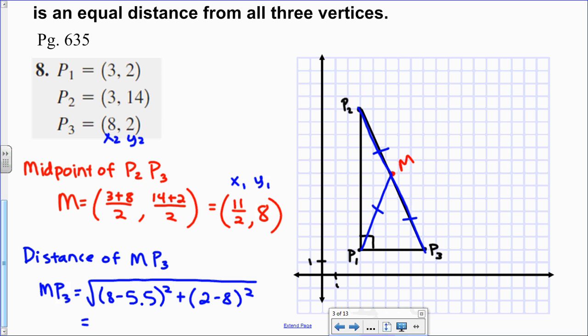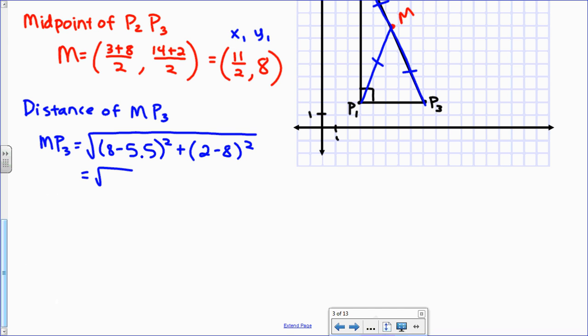Okay, leave it in radical form first, because if it is irrational, you'll keep it in radical form. So you should calculate that without the square root. That should give us 42.25. If you take the square root, you get a rational number. It's a decimal, but it ends. You get 6.5.